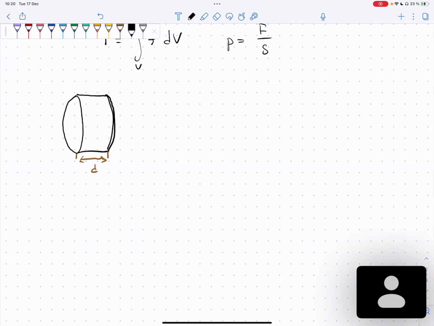So we want to calculate the pressure, this is like the z-axis, and we want to calculate the pressure of an incoming light on this disk.